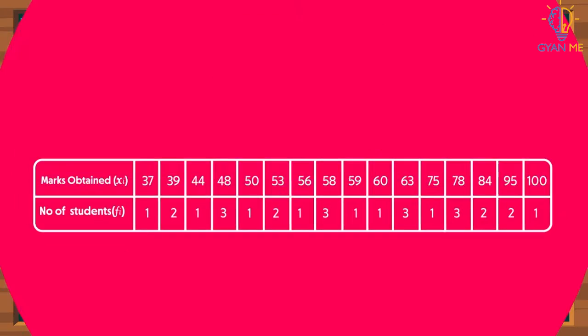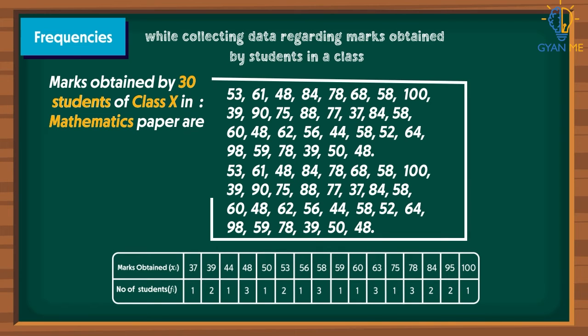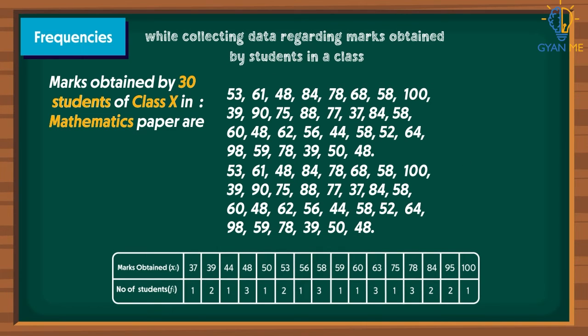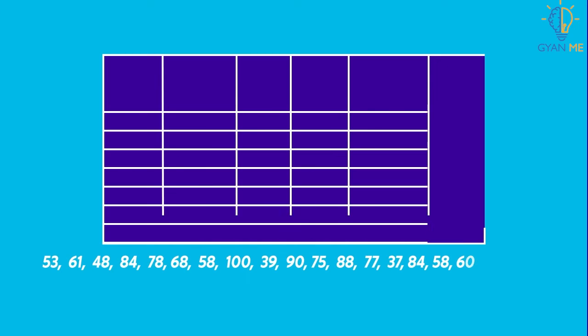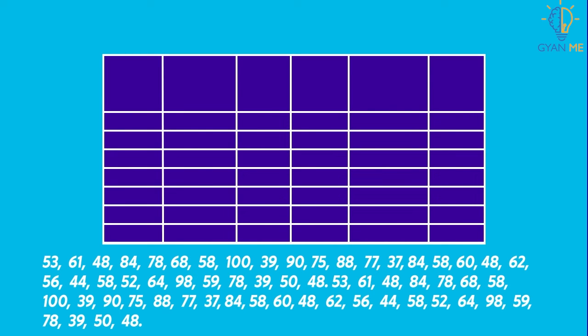Sometimes data includes 100 to 500 observations. In such case, the table is long and tedious work to do. So, we make it small by grouping the data. For example, if we arrange given data into small groups, say 30 to 40 marks group, 41 to 50 marks group and so on till maximum observation in data, say 100.